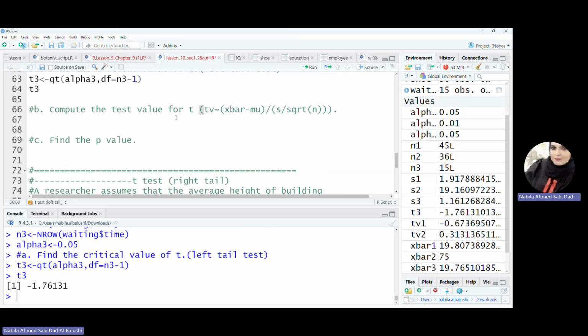Whether you're using the normal distribution or the t distribution, the formula for the test value is the same.